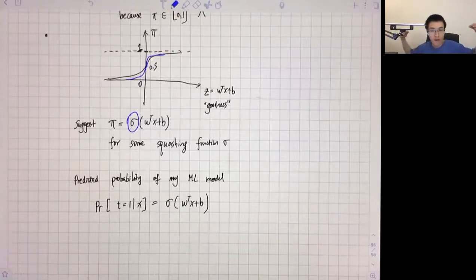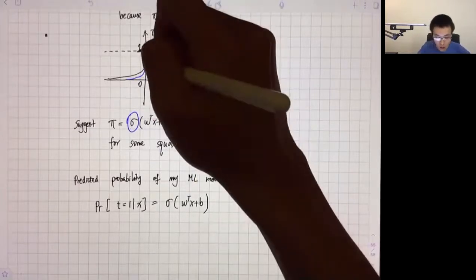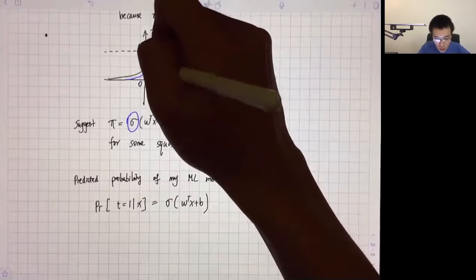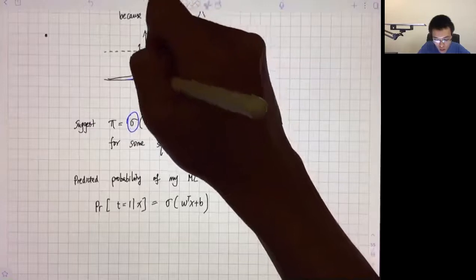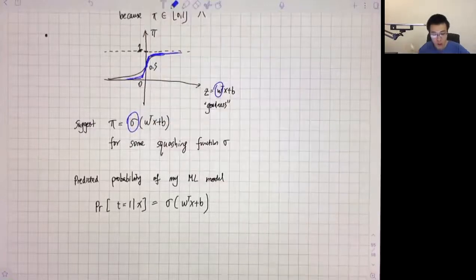Sometimes if you have a black curve, you squeeze it a little bit, you can multiply my W by a factor, then it's similar, right? The two shapes are similar. But maybe there exists a squashing function that has different curvature, like here it's way sharper, then it suddenly becomes way flatter, right? And this function may not be obtained by squeezing the black curve. So the choice of the squashing function is not unique, but the single most widely chosen squashing function is this.